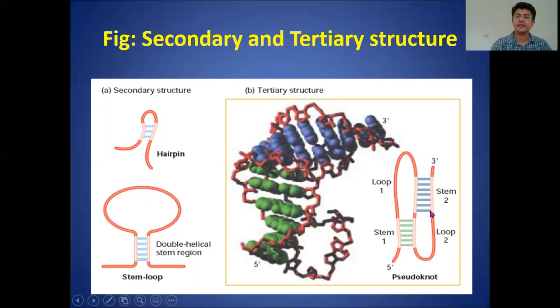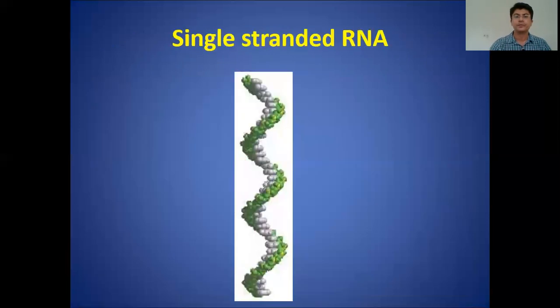Such structures result in further folding of the RNA molecule. Single-stranded RNA exists in the helical form, and internal base pairing also can result in further changes in the conformation.